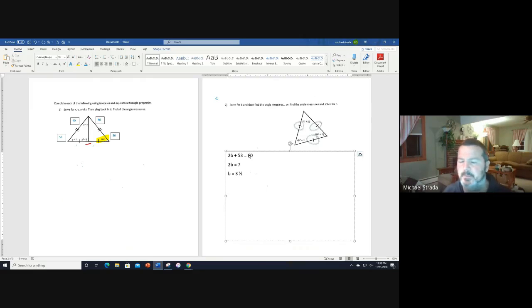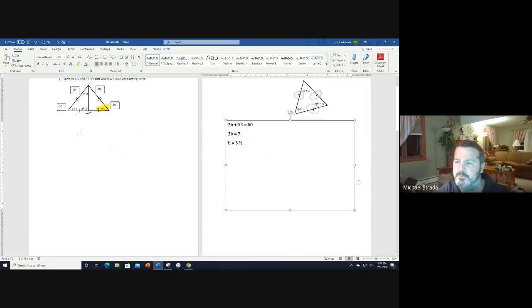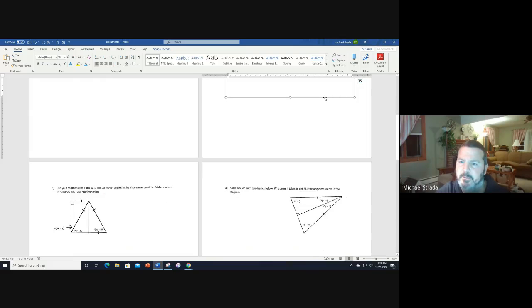And when I plug all that in, I end up with 60 degrees for everything. So each one of those is going to be 60 degrees. That's why we say there are different ways to do it. Make sure you know the best way to get it.